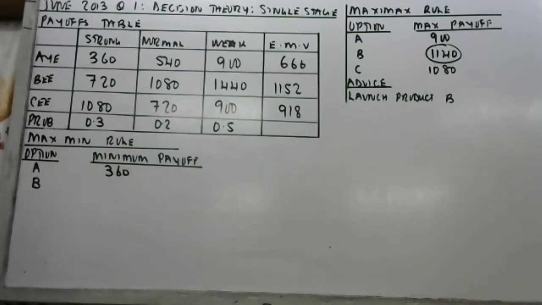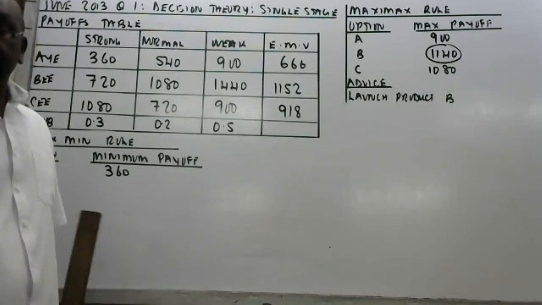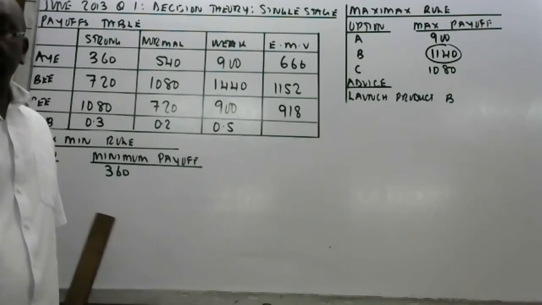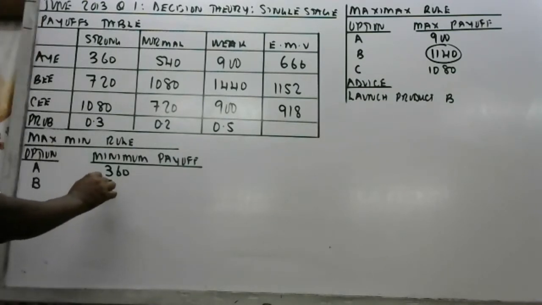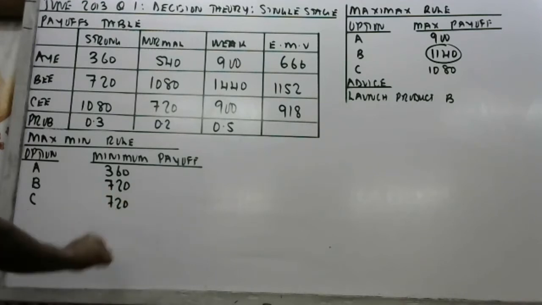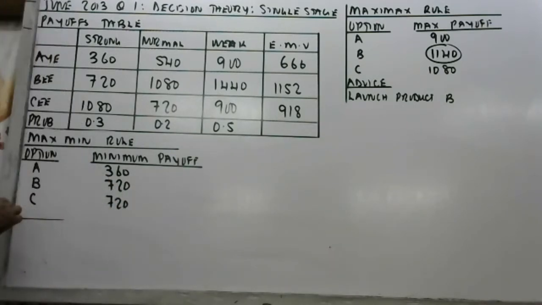B, the minimum is 720, good. C, the minimum is 720 also. So the advice, now this rule states you take the maximum of the minimums.